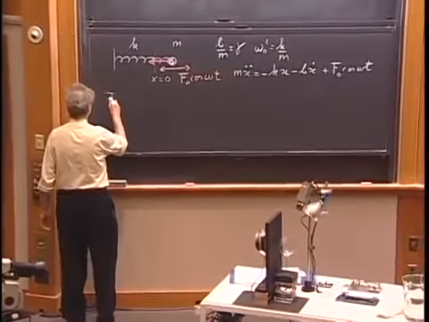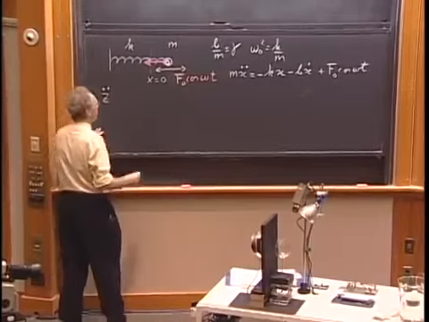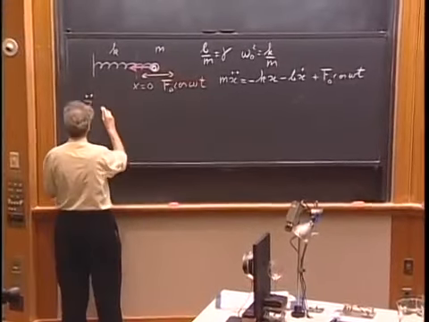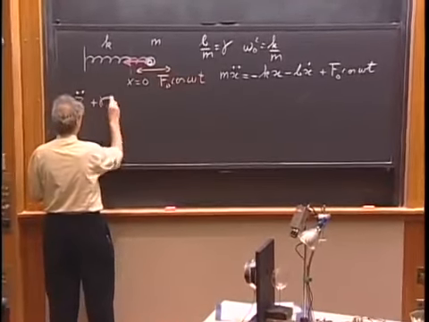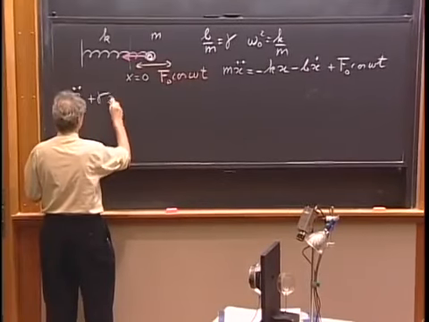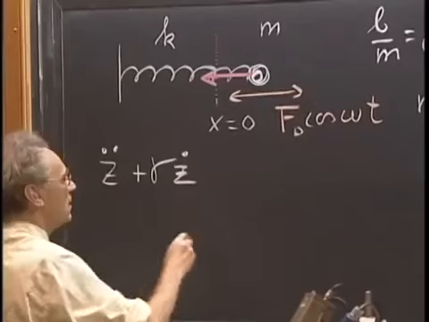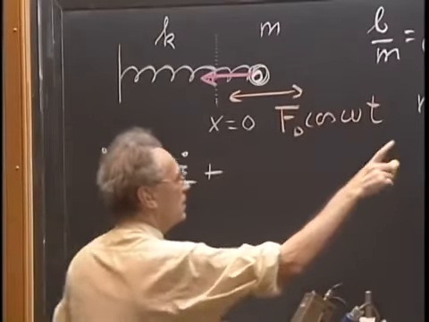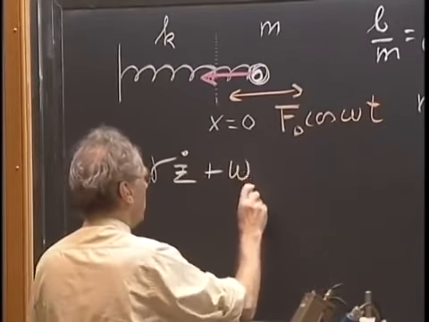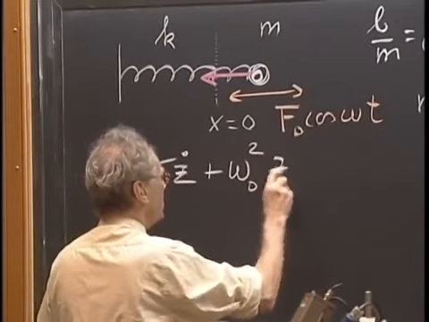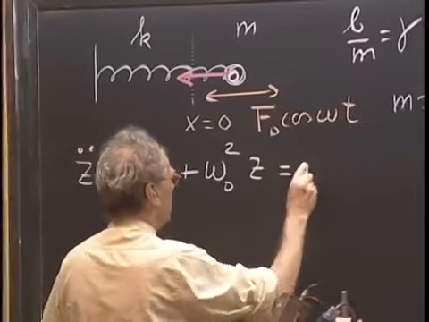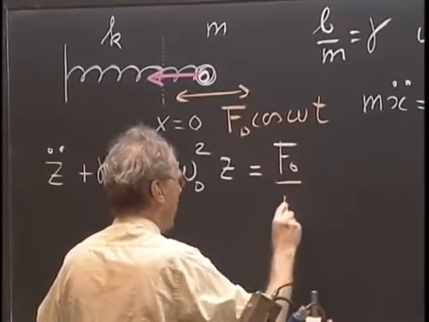So I'm going to write this now in terms of z double dot. I divide m out. We get plus gamma times z dot plus omega 0 squared times z, and that now equals F0 divided by m.